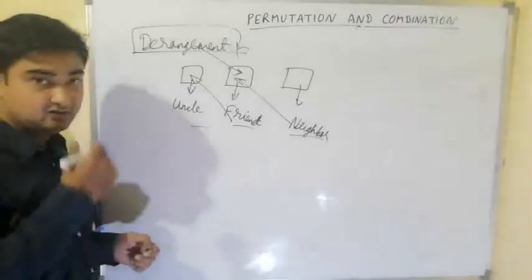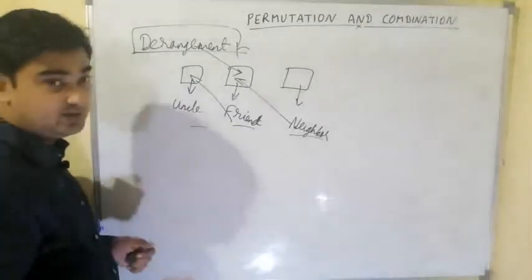So that is a direct formula we have to apply to find the number of ways in which derangement can occur.